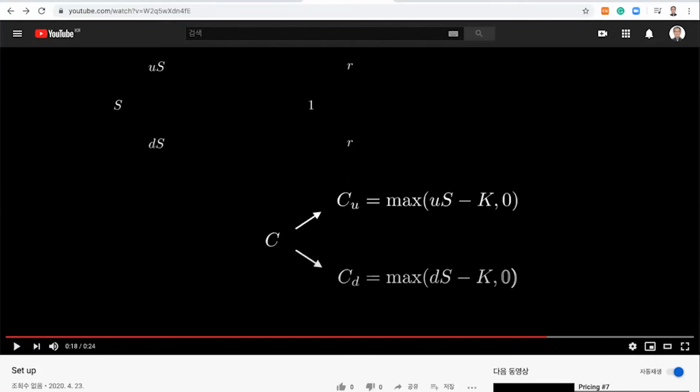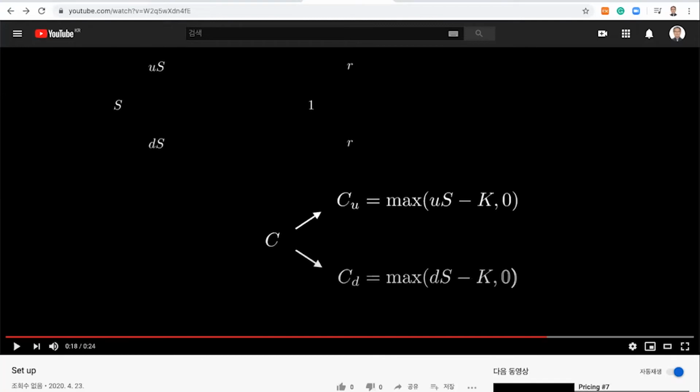The second one is a little bit strange, because usually when we use the notation R, that means the interest rate. But strangely enough, the authors use 1 plus the interest rate as R. So this R is not a number like 0.1 or 0.01. The R is always greater than 1, because it's 1 plus the interest rate.